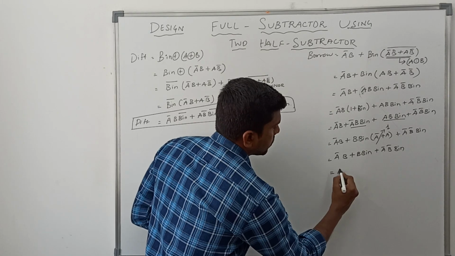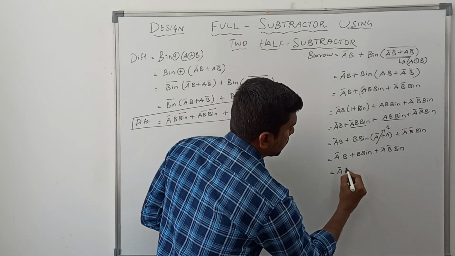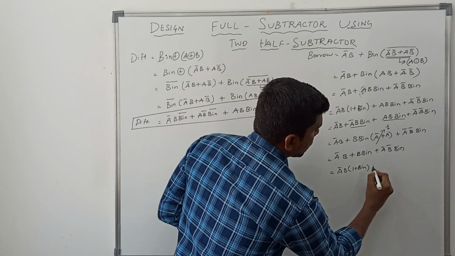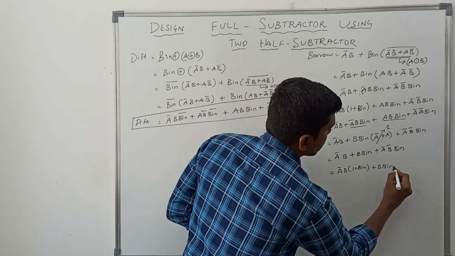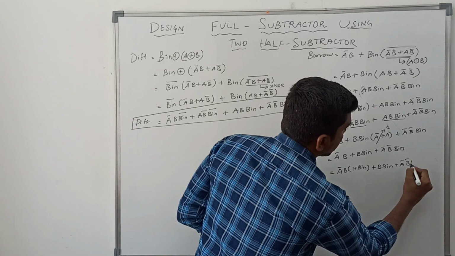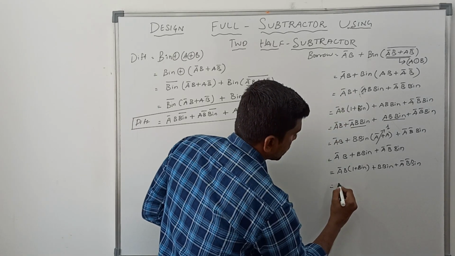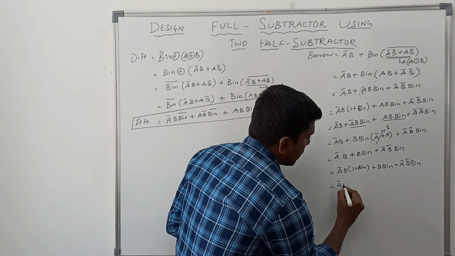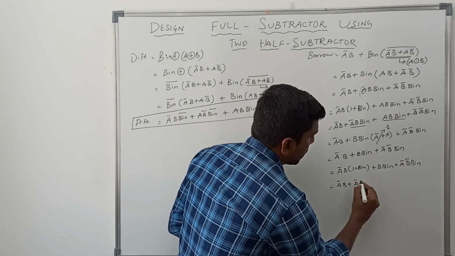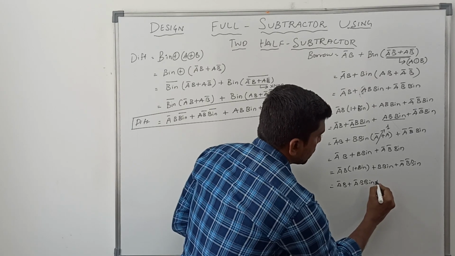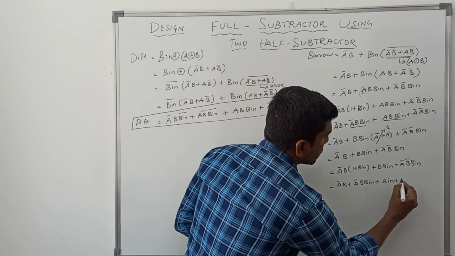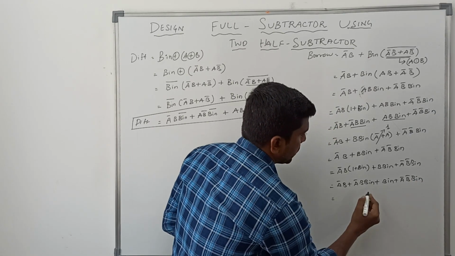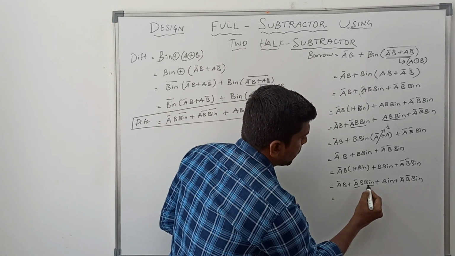Once again you multiply 1 plus B in with A bar B. So A bar B plus A bar B in plus B in plus A bar B in. In this expression A bar B in is common.